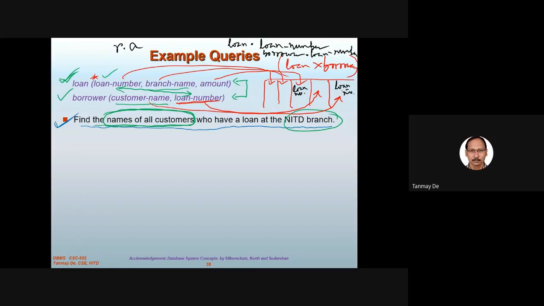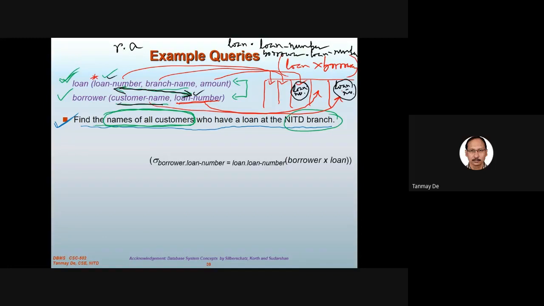Okay, so now the question is, from that, which rows can we select? Where this loan number and this loan number match. Is it not? Because to relate these two tables or corresponding rows, that this loan is taken by this particular customer, this loan number must equal this one. At that time, that row we can consider. Is it not? So for that we first write this part.